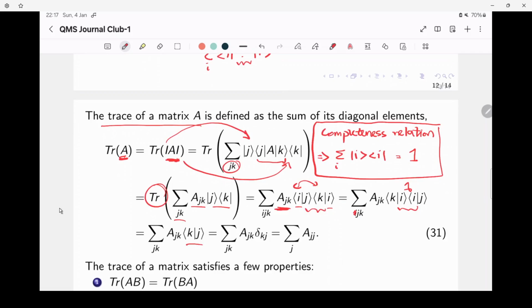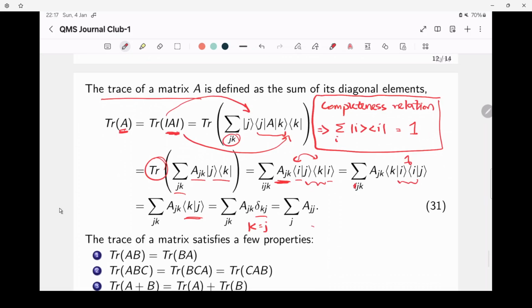And this inner product is none other than your canonical delta with your indices k and j. And if you want to fix to a certain index, you can fix k equals j over here, which is why you get the summation of the diagonal elements. So that's how you would show what the trace of matrix A means in the end.